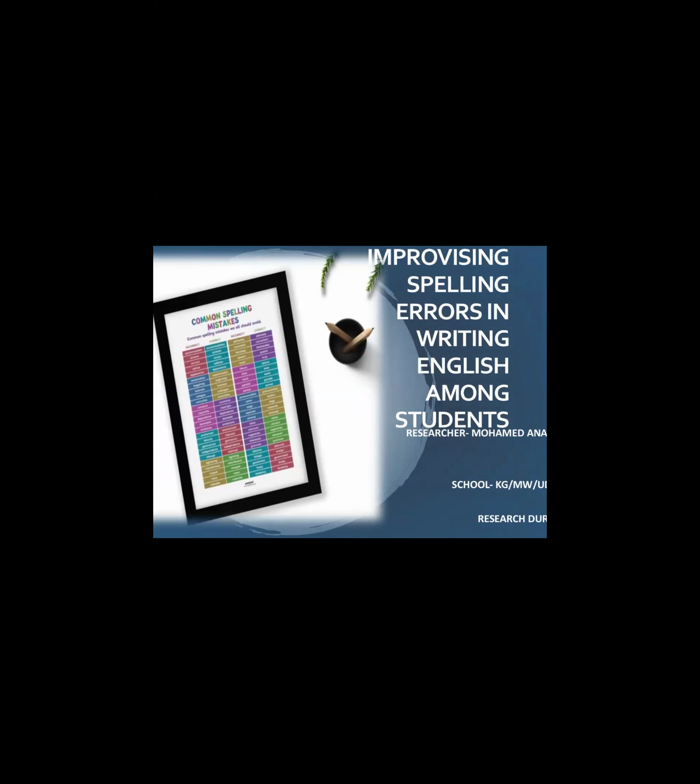Reducing the spelling errors in writing English of grade 7 students or whatever it is, not among students. Among students means we can take thousands of students. So reducing spelling errors in English writing, in grade 7 students, whatever it is. Doesn't matter. Okay, madam.